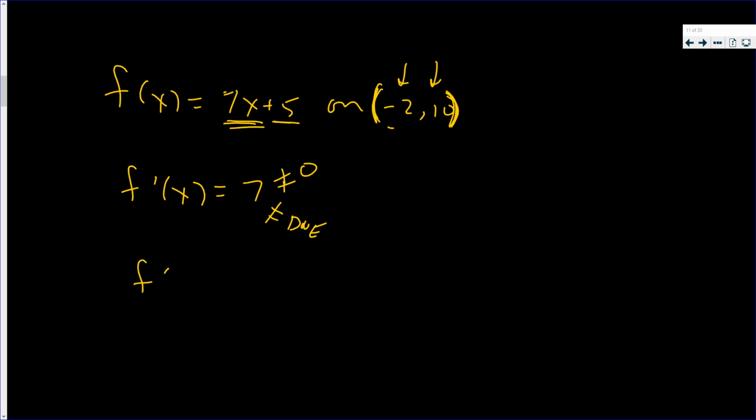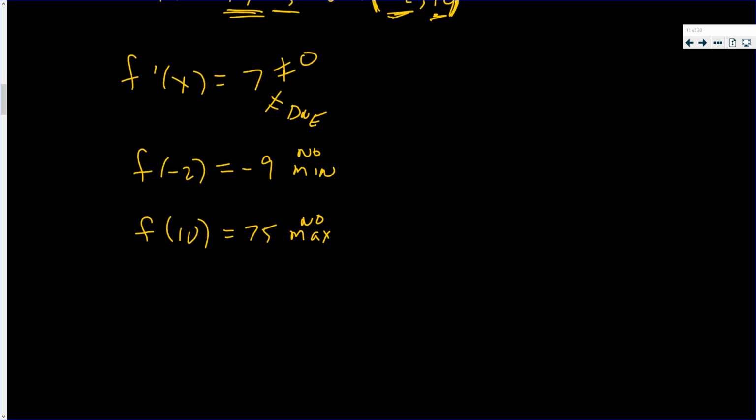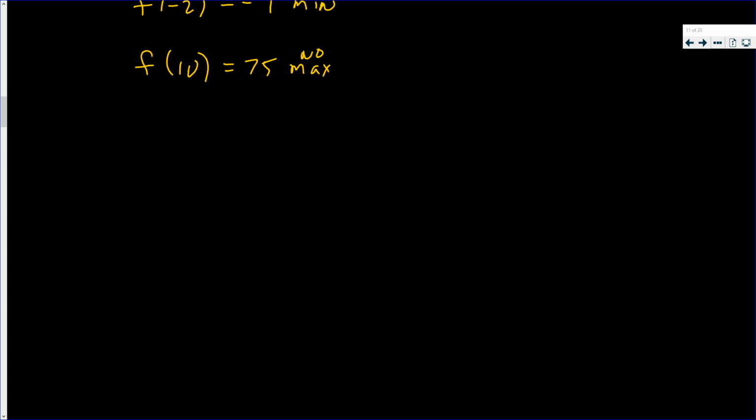Then you look at f of negative 2 and f of 10. f of negative 2 was negative 9, and f of 10 was 75. So this would be the max, and this would be the min, but we're going to say no min and no max, because you can't take f of those values. That was a little bit confusing, but it will become clearer when we do the next couple.